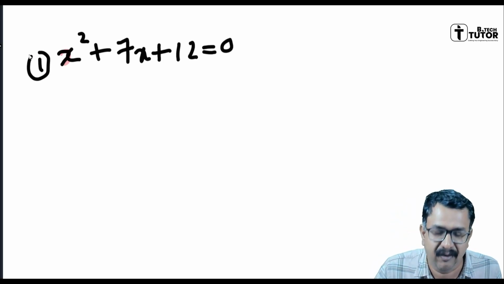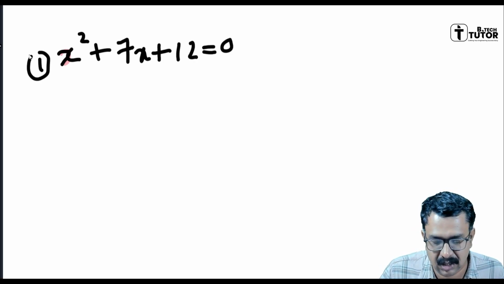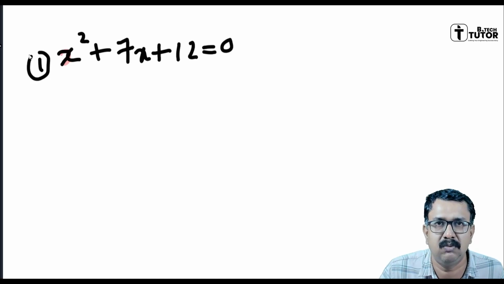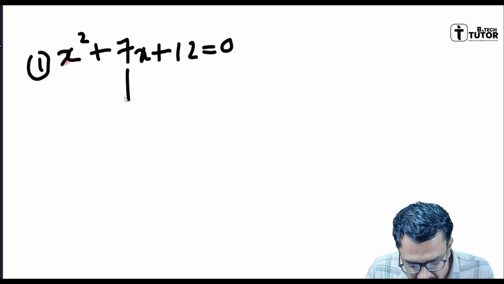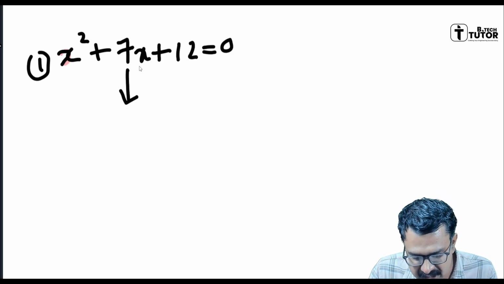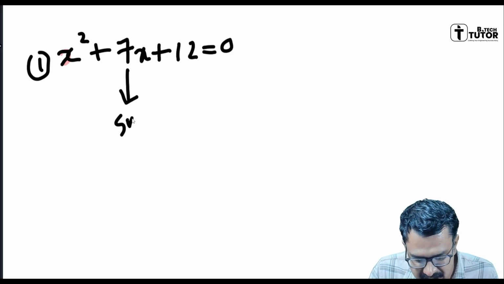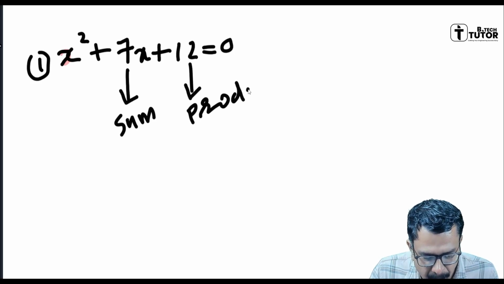Therefore, you can use another method. We can solve this quadratic equation in different methods. The first one is using our standard formula, x = (−b ± √(b² − 4ac)) / 2a. The second method takes the coefficient of x, which is 7, as the sum, and the constant term as the product.